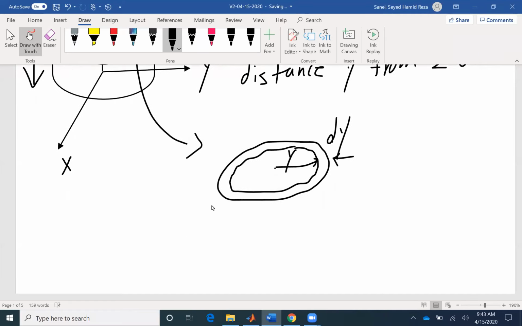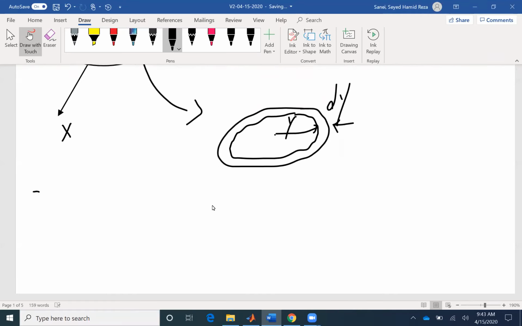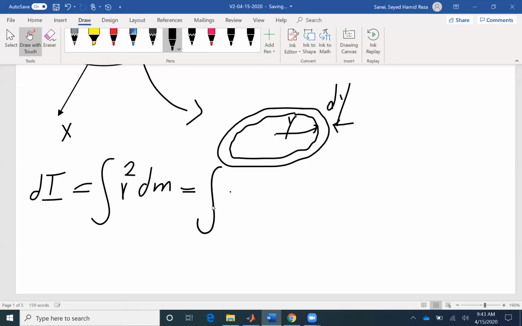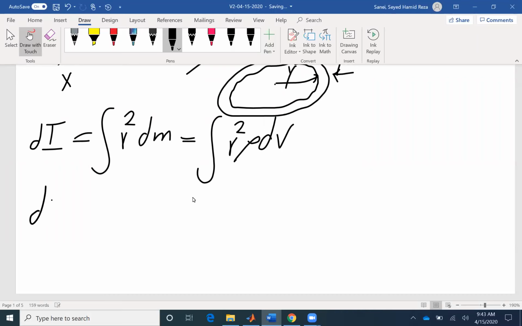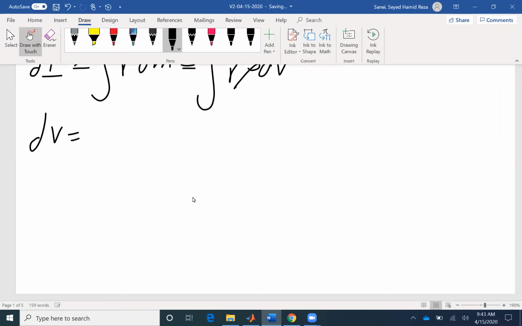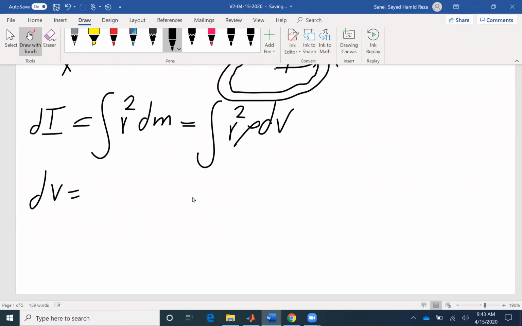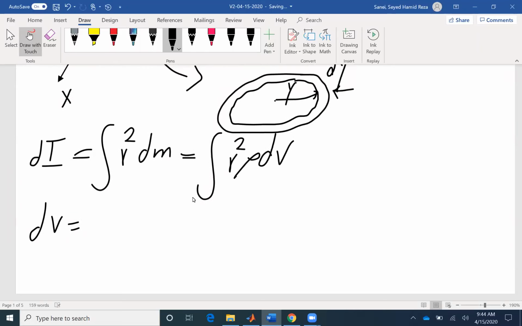So now I'm going to write my moment of inertia equation. dI is r squared dm, or we said that we could write it as r squared rho dV. So we need to find dV here, the differential volume. The volume of a shell would be the circumference times the thickness.